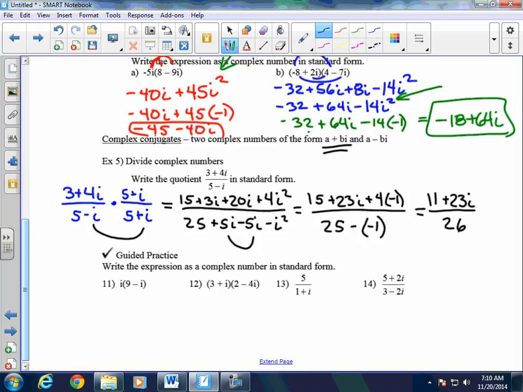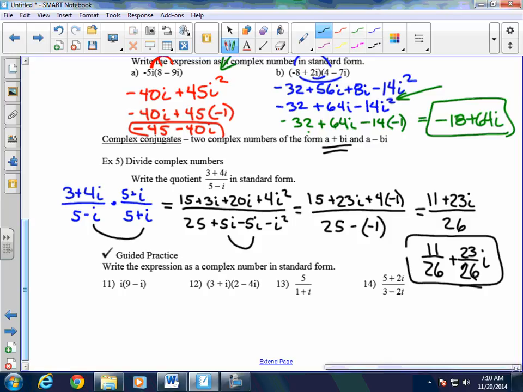So we are going to end up writing this as 11/26 plus 23/26 i. So we're just breaking up that fraction. This way we have it as the real part plus the imaginary part, which gives us this complex number.